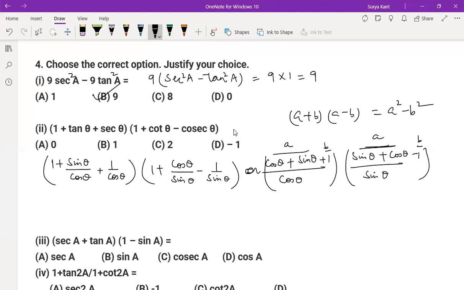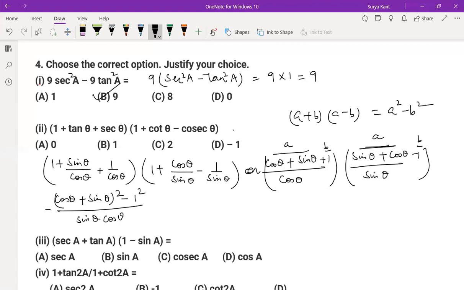Just think over it. A plus B into A minus B. So what we can write for A plus B into A minus B? A square minus B square. That is nothing but cos theta plus sine theta whole square minus 1 square divided by sine theta cos theta.